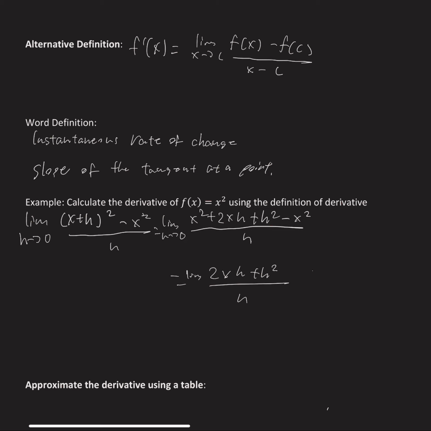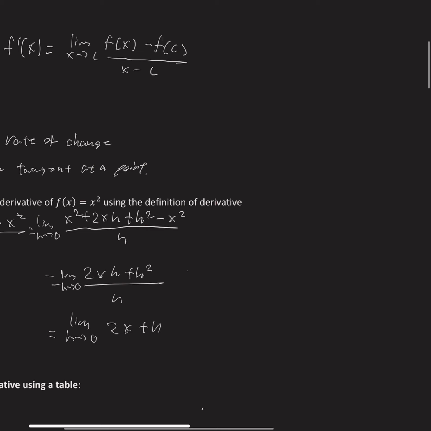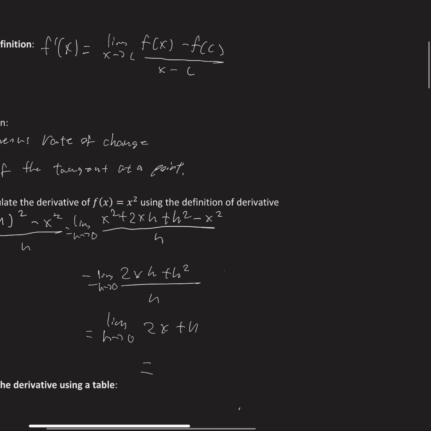And here we can cancel out an h. So that's the limit as h approaches 0 of 2x plus h. Since the limit is approaching 0, h is also approaching 0, so that's equal to 2x. And we successfully found the derivative of x squared.